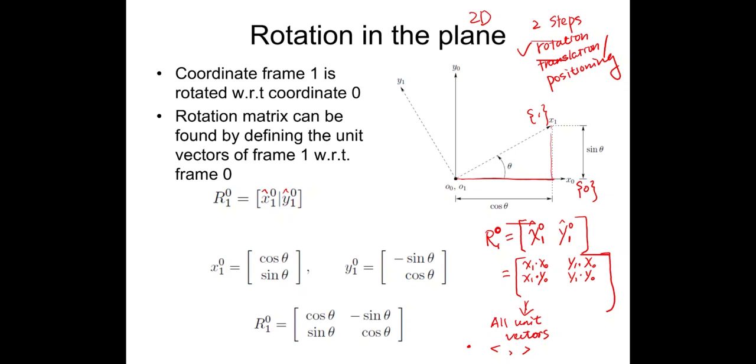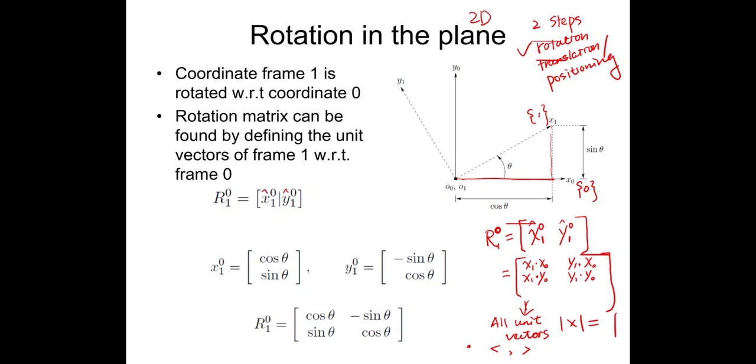And again, x1, x0, y1, y0, they're all unit vectors. It means the length is 1.